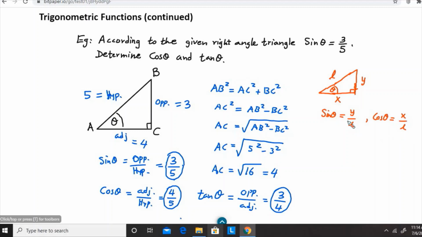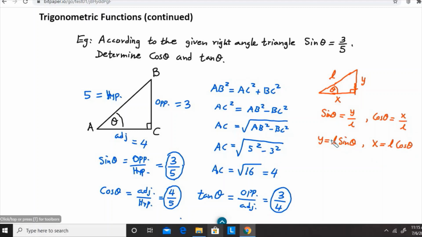So now you can find X and Y in terms of L and theta. Simply solve for Y. You can see Y equals L sine theta, and then X is equal to L cosine theta.